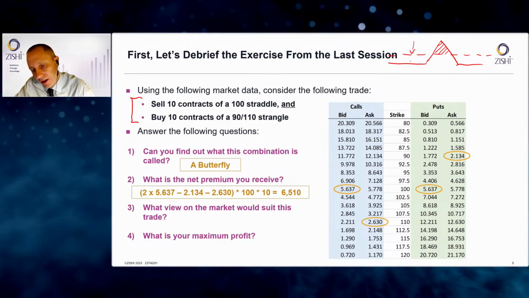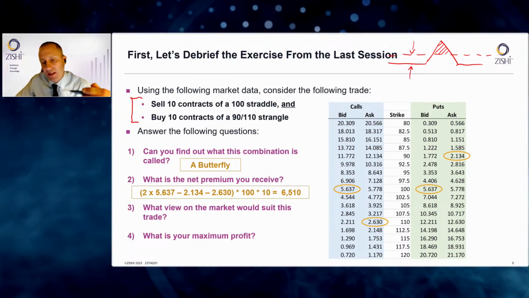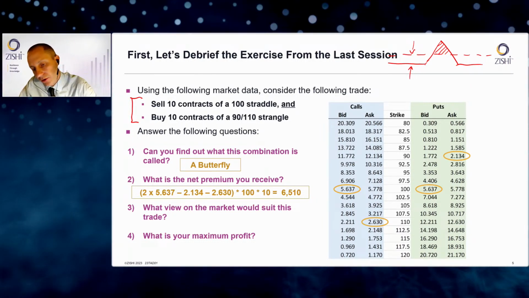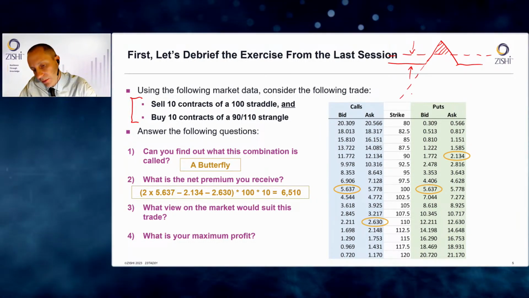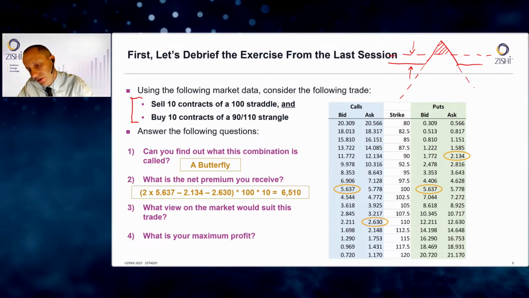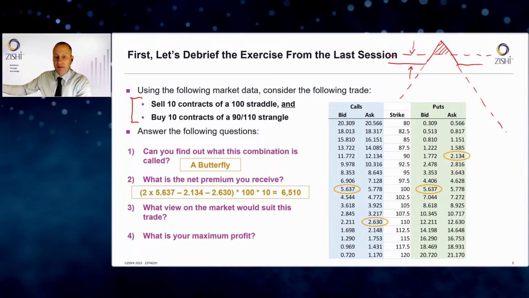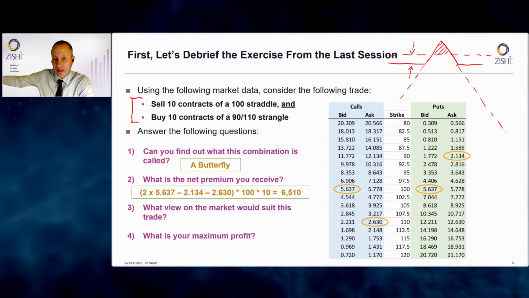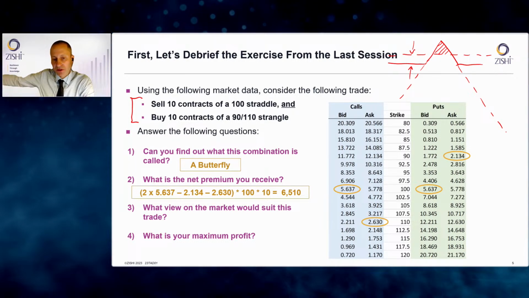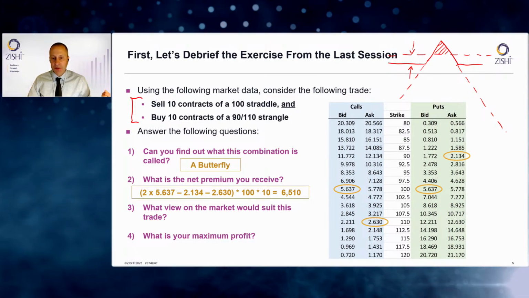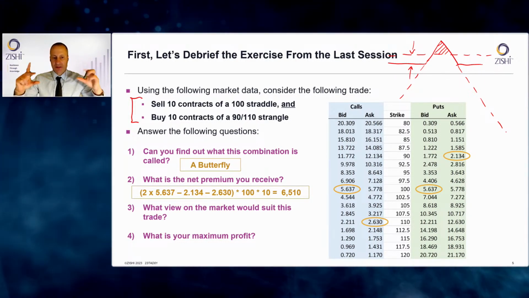But to do that, I'm taking a view that I want my downside to be limited as well. If I just sold the straddle, I would receive more premium, but I would be exposed to large and, on the high side, theoretically an unlimited downside if the stock was to go up to infinity. By buying the strangle, I'm spending some premium, but I'm giving myself some protection.